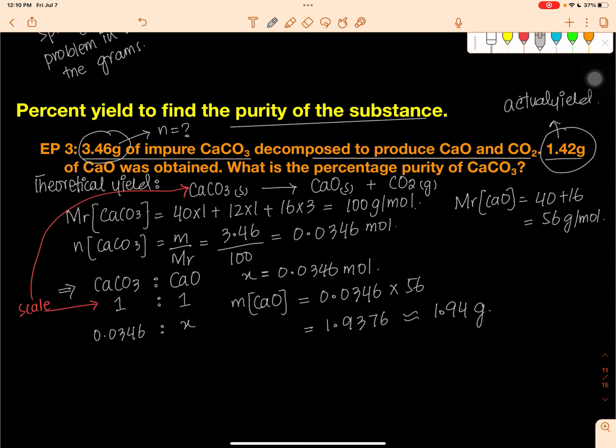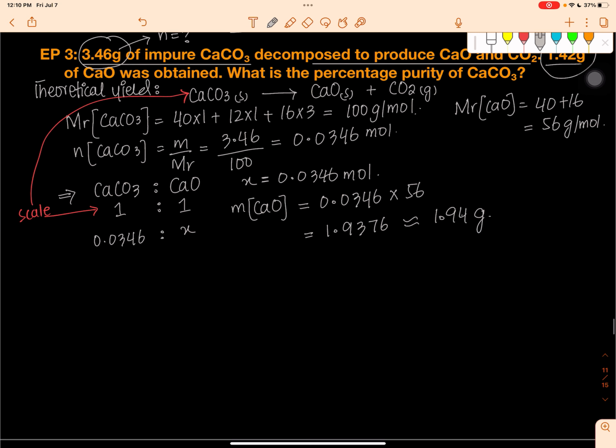So we need to find out what actual amount of calcium carbonate was there in the impure sample. So we will now be doing the reverse calculation. If we do the reverse calculation, we will find out that for the production of 1.94 grams of calcium oxide, what amount of calcium carbonate was there?